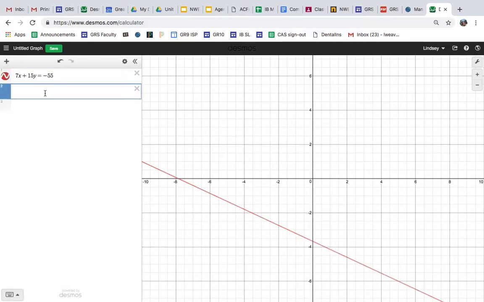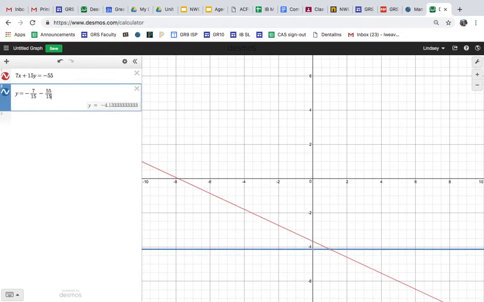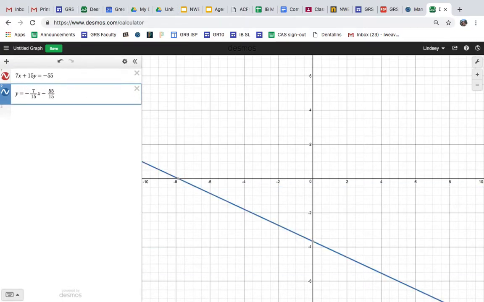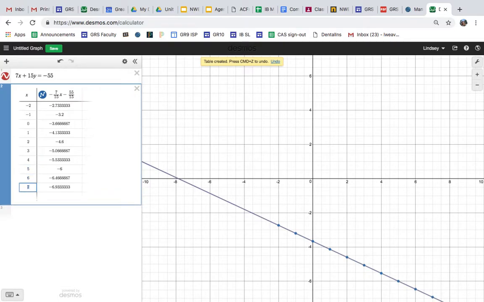Or I put in y equals negative 7 over 15 x minus 55 over 15. Oh, I forgot my x. They're the same line, and I can convert this to a table, and I can double check my table values in there.